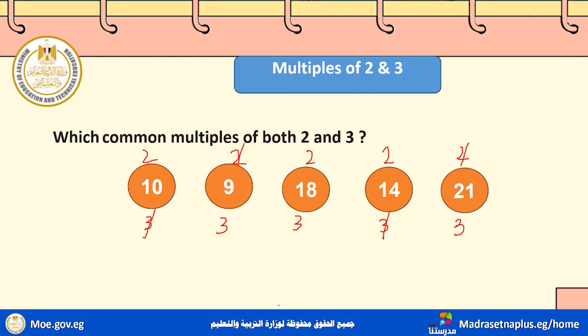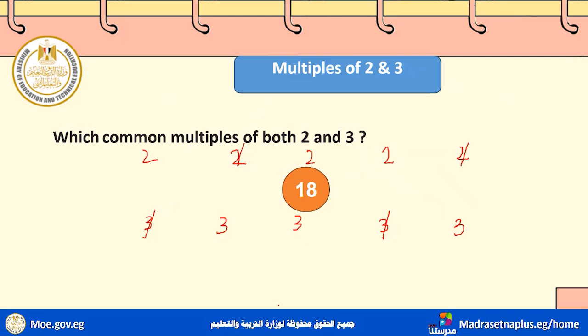My question was the common multiple of 2 and 3. Which number? I think you get the right answer now. We cancel 14. We cancel 9, because 9 is a multiple of 3 only. We cancel 21, because 21 is a multiple of 3 only.